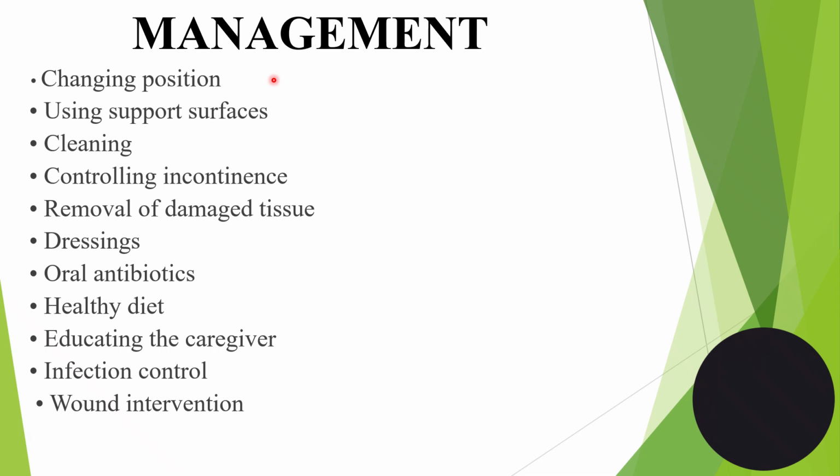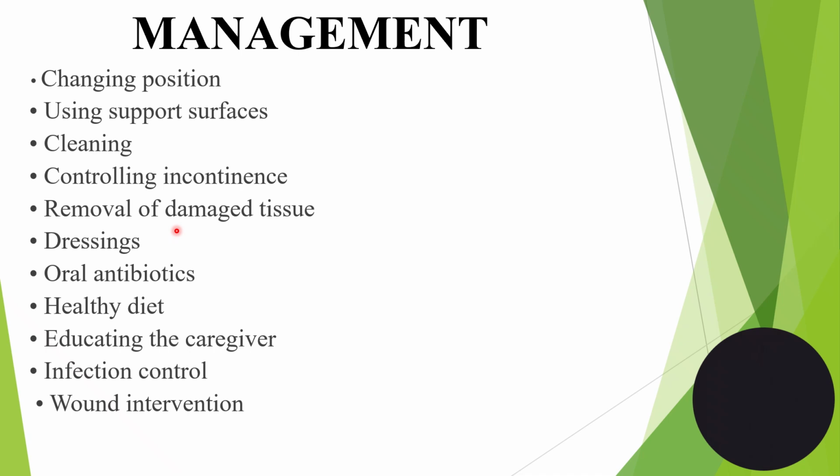We have to change the position of a person frequently, every 2 hours, using support surfaces like air mattresses, cushions and pillows. Incontinent patients, or patients with a very high moisture level, need frequent cleaning. To control incontinence, we may put in a Foley catheter if the person has urinary incontinence.